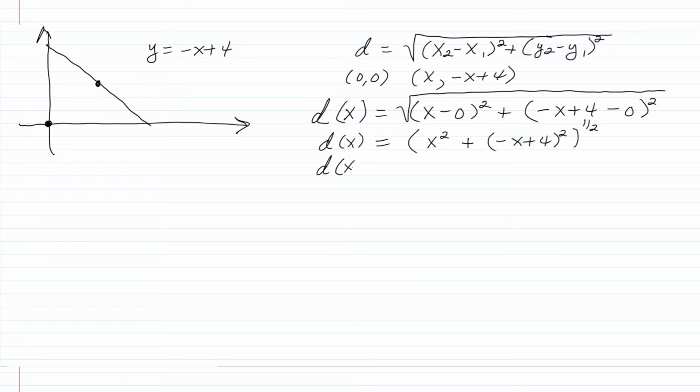So we're going to say our distance as a function of x is going to equal x squared plus, well, when we FOIL all this out, we're going to get x squared minus 8x plus 16. I'm sorry, that's going to be minus 8x.